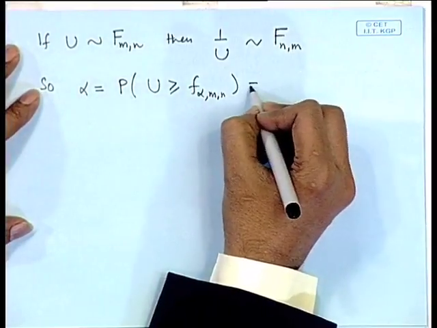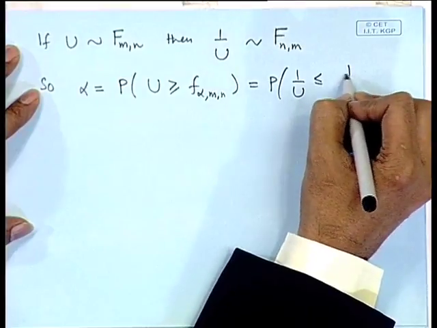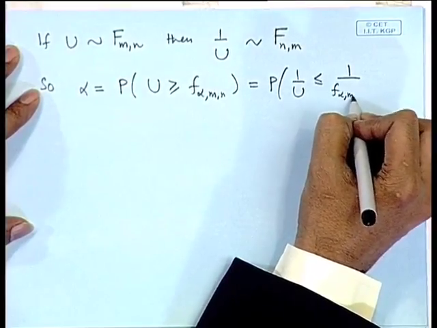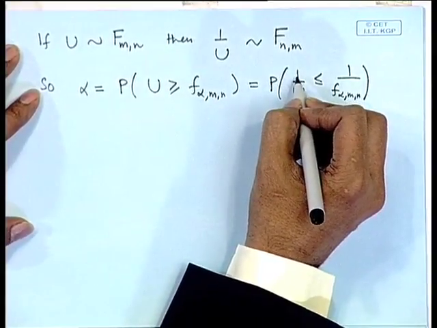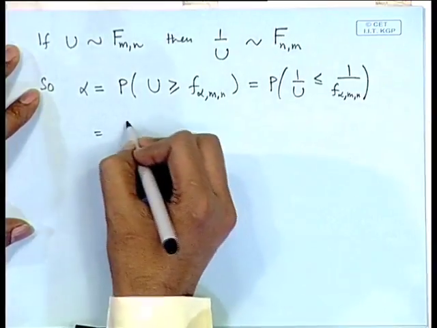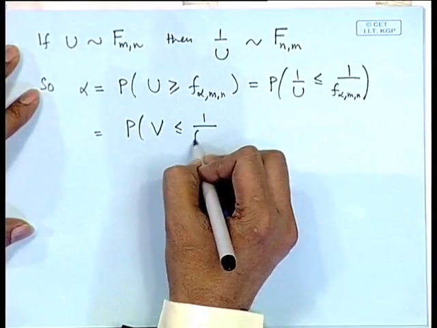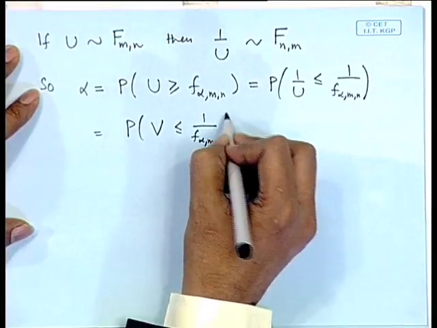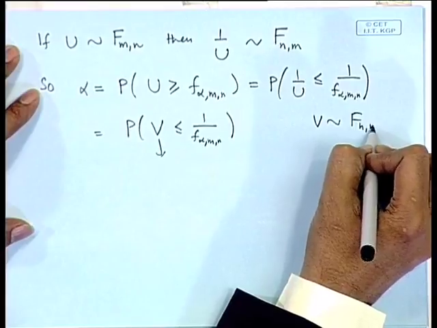If I write it as probability of 1 by u less than or equal to 1 by f alpha m n, then this 1 by u is an f n m variable, that is, this is probability of some v less than or equal to 1 by f alpha m n, where this v is an f n m variable.